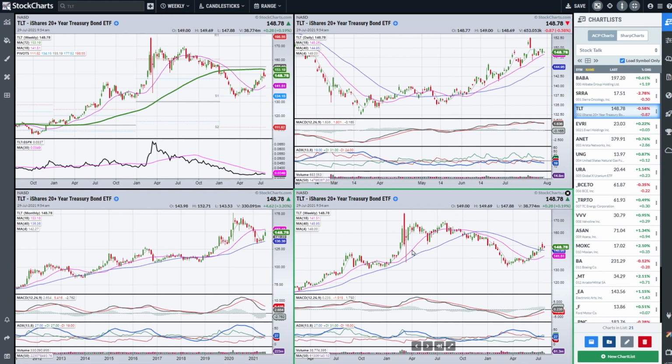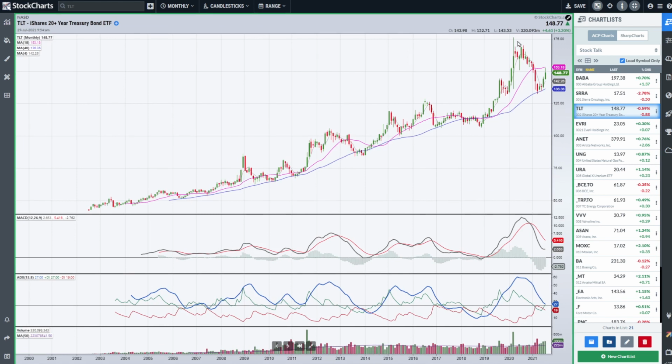So the TLT is bouncing around here. Let's look at the monthly chart, because what happened here is we came down and we're bouncing off the 40 month, and now we're rallying up to the 18 month. And I think this is doing a pretty good job of defining where resistance is.